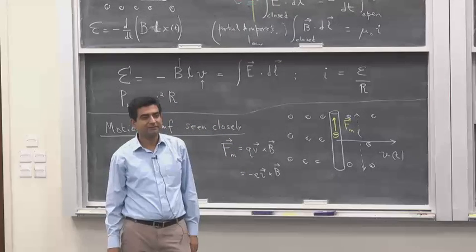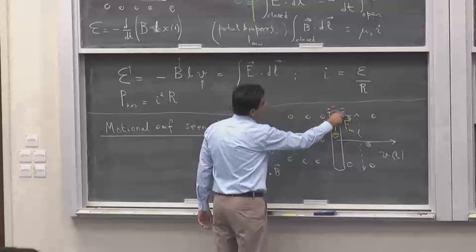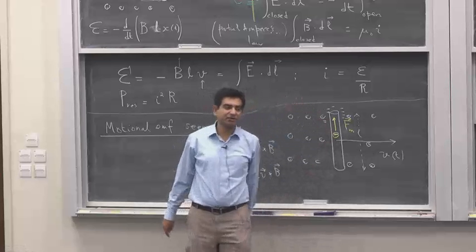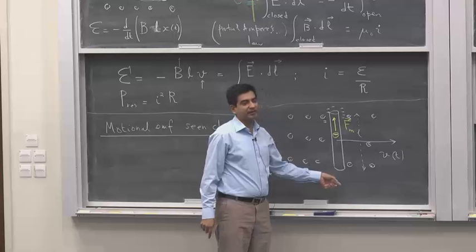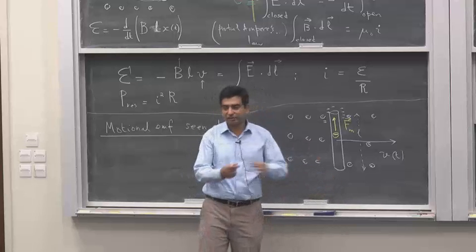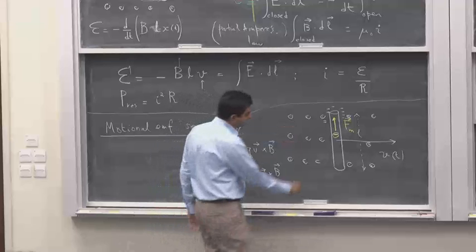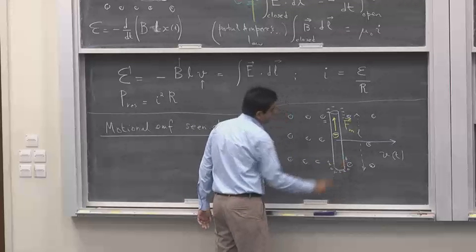Correct? So electrons will deposit here, which means that this end will get a negative charge, and negative charge will be depleted from the bottom region because the rod as a whole is electrically neutral. So these negative charges mean that there is an accumulation of positive charge here or a depletion of negative charge here.